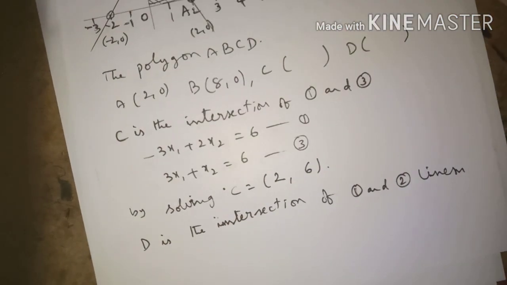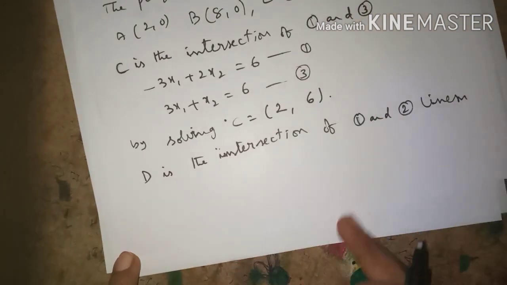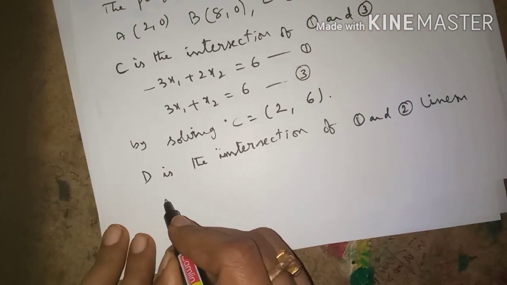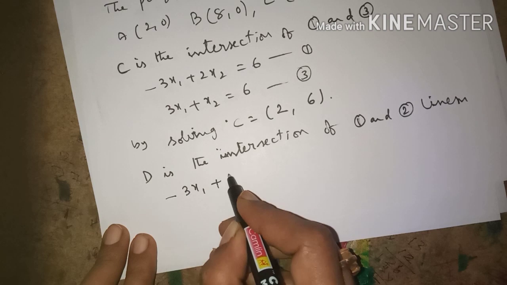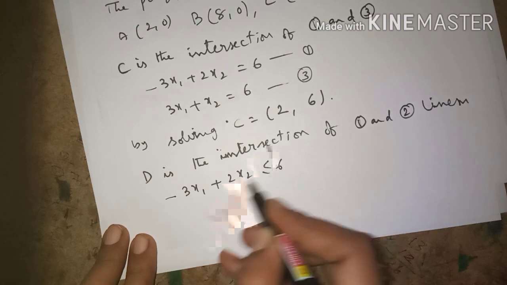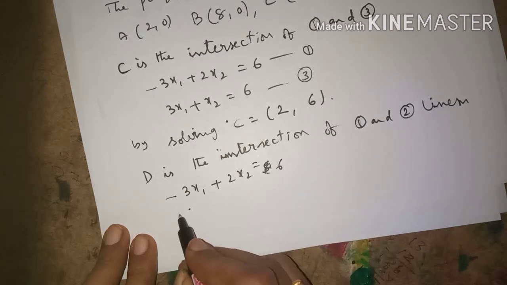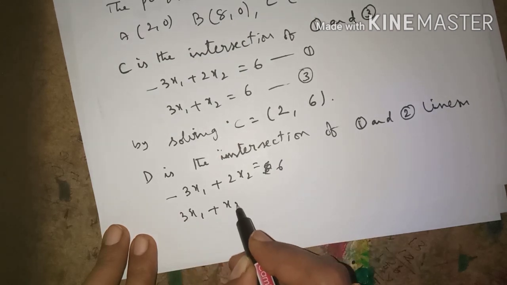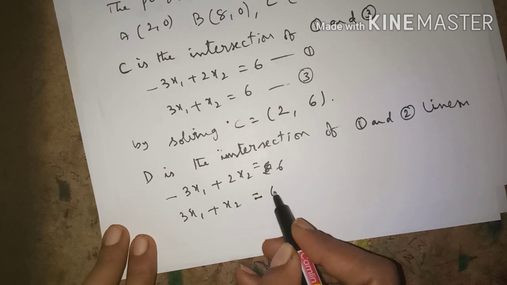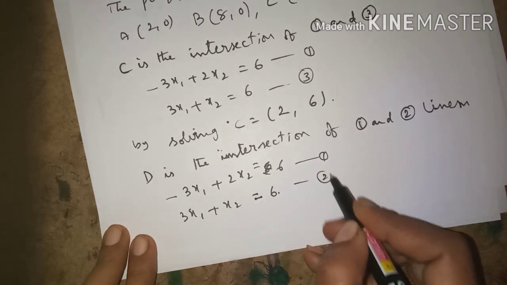D is the intersection of first and second lines. What are our first and second lines? Minus 3x1 plus 2x2 is equal to 6, and 3x1 plus x2 is equal to 6. This is the first one, this is the second one.